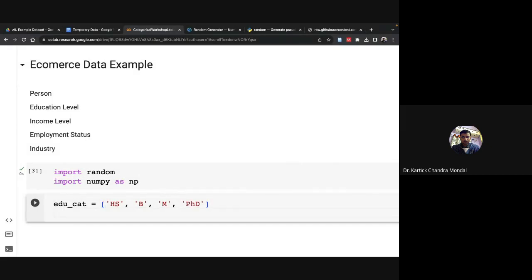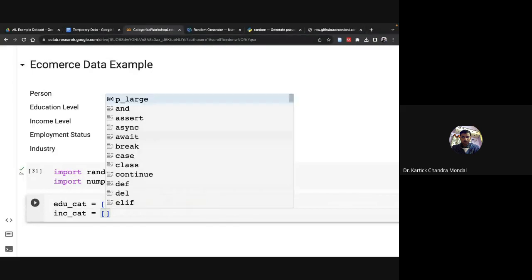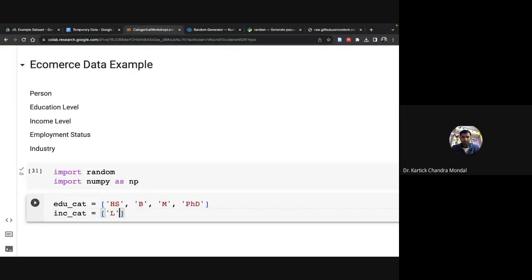Another one is income cat. The income categories are, say, low income category, medium income category, high income category. Okay, these three.